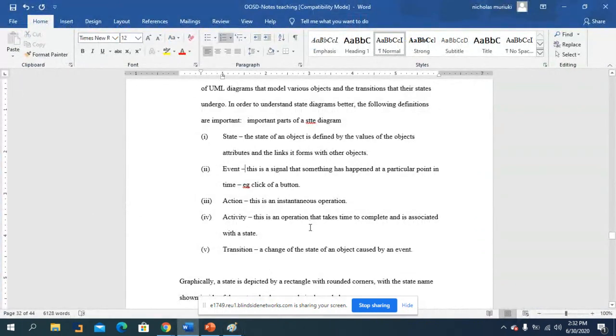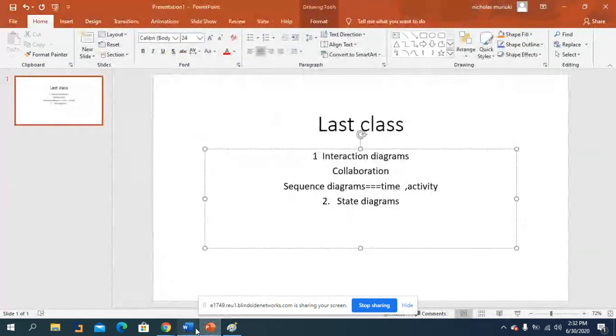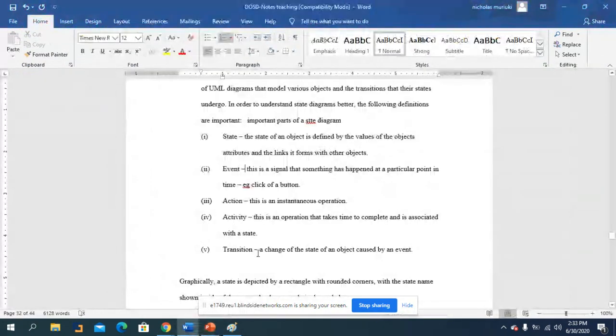We need to have an action. So what can we do? As an example, maybe we are moving from state 1 to state 2. The event that has been introduced there, from state 1 to state 2, is driving.